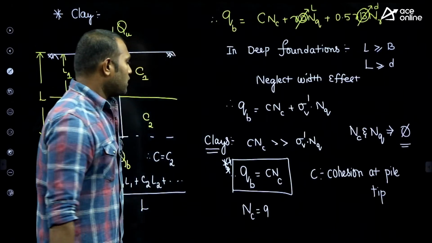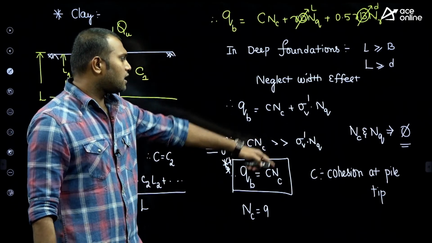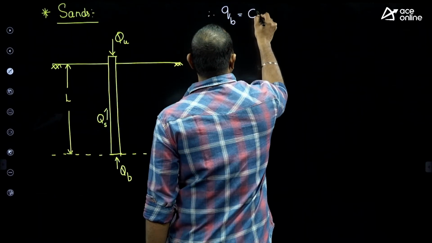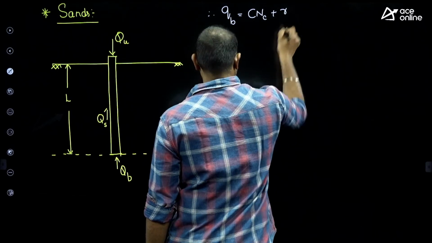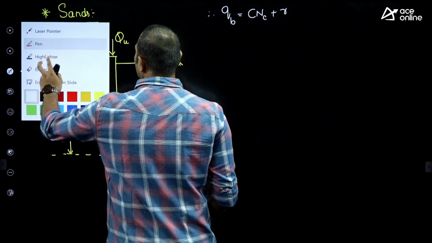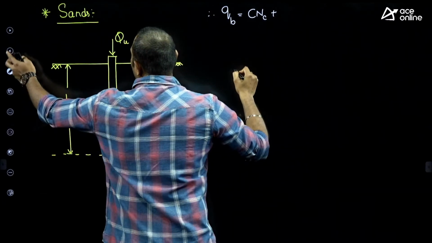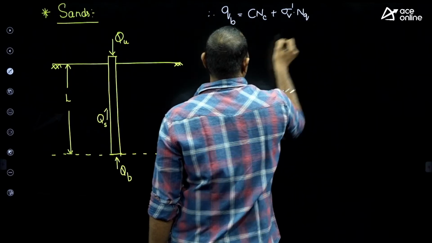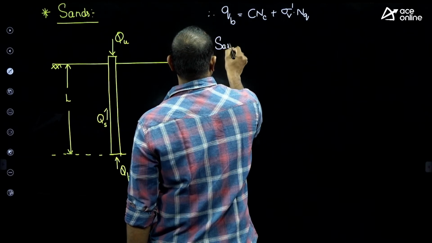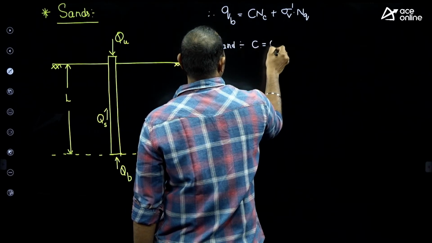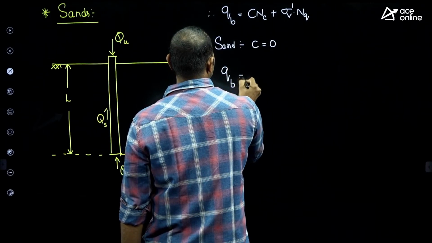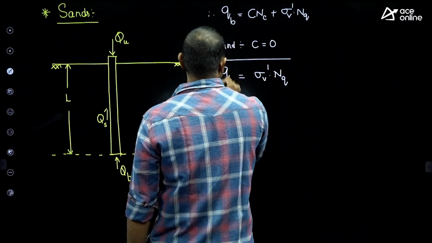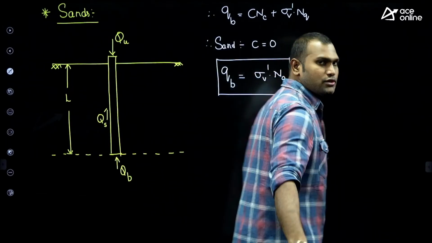You go back, in the case of clays, CNC plus sigma V dash into NQ. But in sand, you know C value is equal to 0. Then the bearing capacity goes as sigma V dash into NQ.